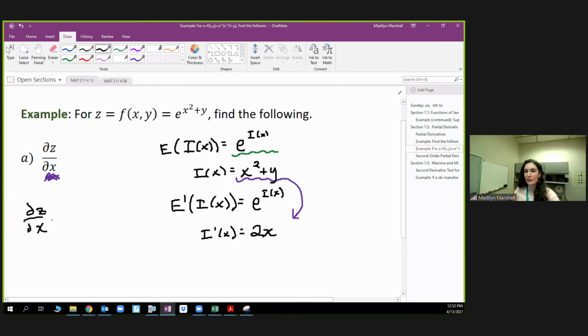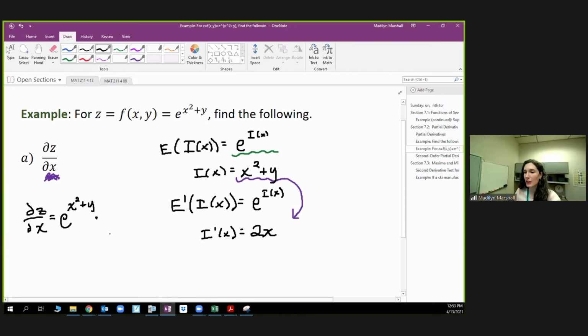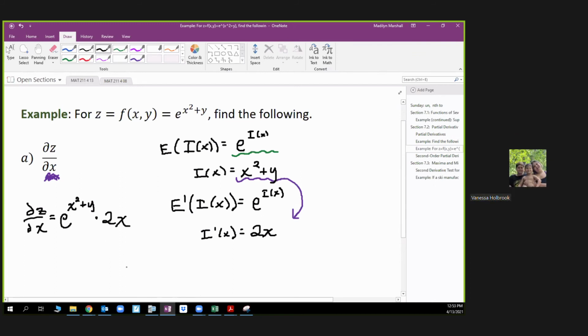Okay. dx. So chain rule is the derivative of the exterior, so that will be e to the x squared plus y, times the derivative of the interior, which is just 2x. Can we write it 2x e to the x squared plus y?